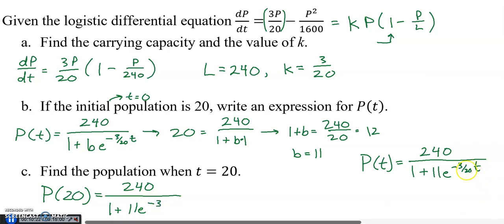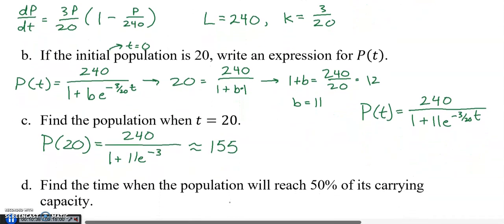And when you multiply this fraction times 20, the 20s cancel out. So we can just type that into the calculator, and apparently we get 155. Again, it's a population, so I'll round to the nearest whole number and not worry about the 0.073.